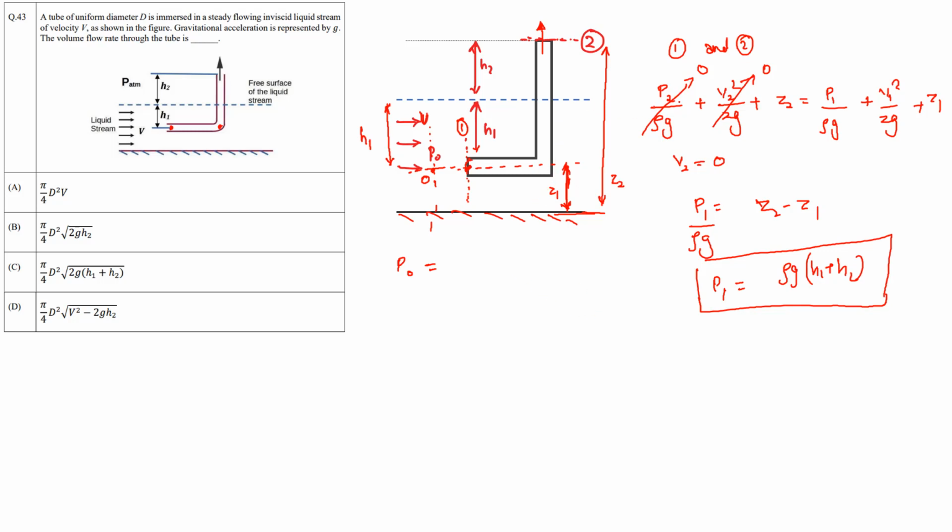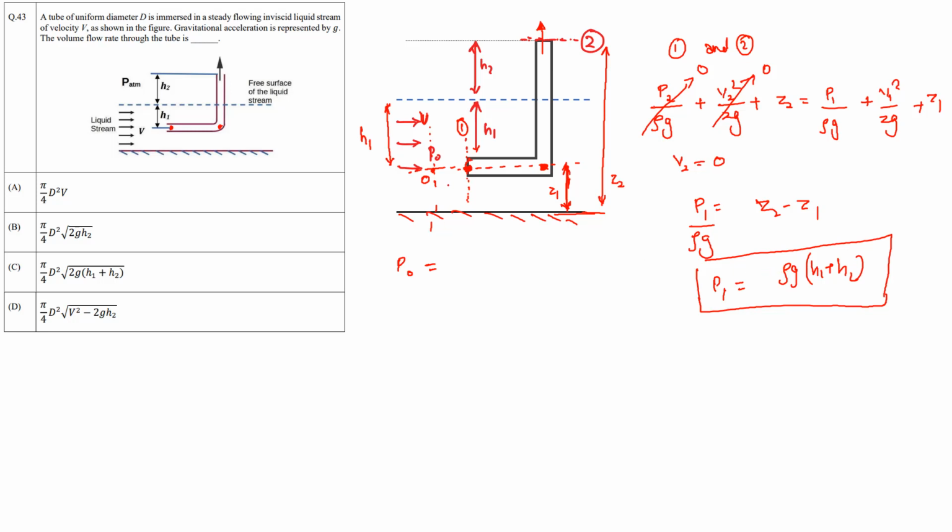Yeah, okay. So let's not apply Bernoulli here. Even without applying Bernoulli, you see that the pressure here and the pressure here will be the same, right? That simply comes from the hydrostatic law, and that will eventually give you P1 equal to rho g times H1 plus H2.